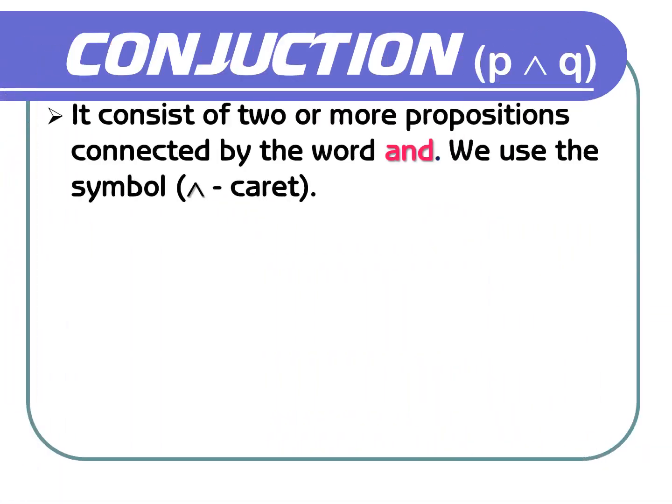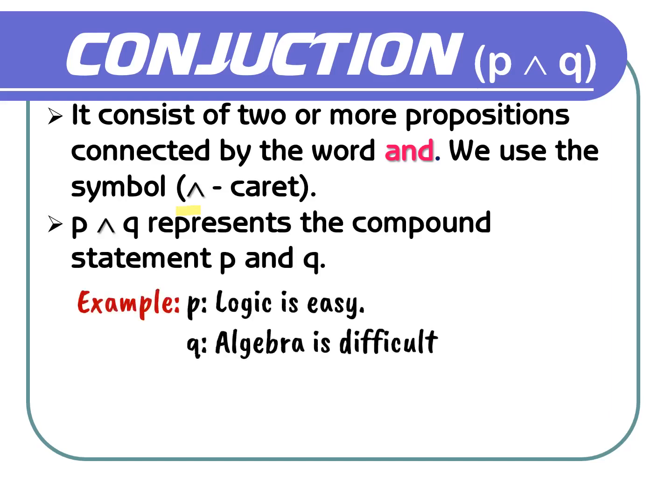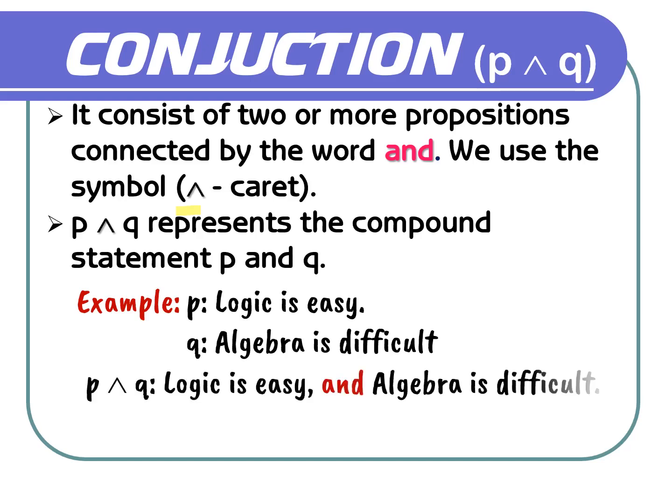Okay, let's have conjunction. It consists of two or more propositions connected by the word and. We use the symbol inverted V or caret. So P caret Q represents the compound statement P and Q. Example, if the symbolic logic P is logic is easy, and Q is algebra is difficult, and we want to form the conjunction P and Q, we'll have logic is easy and algebra is difficult.